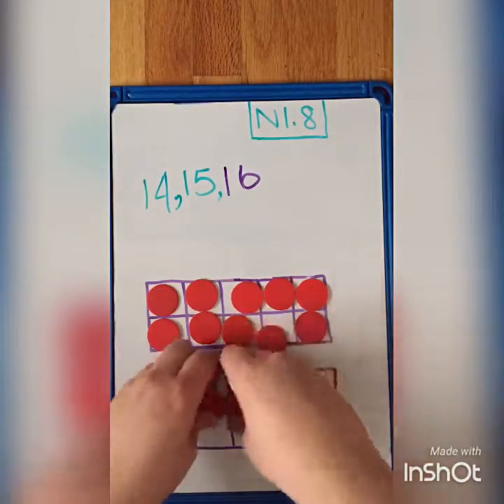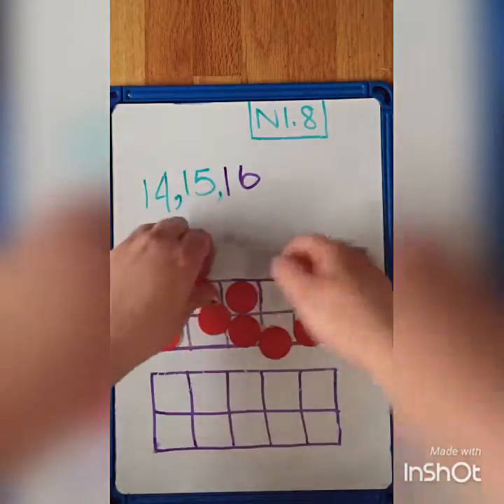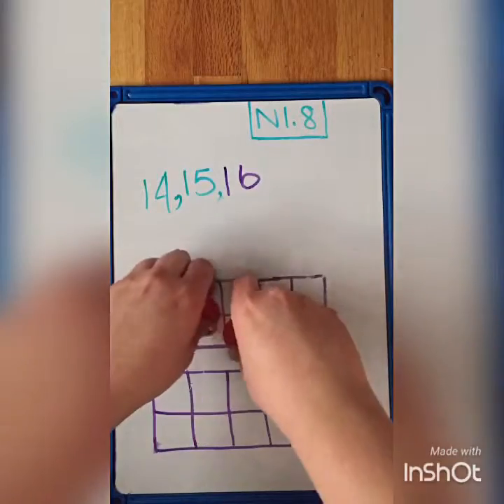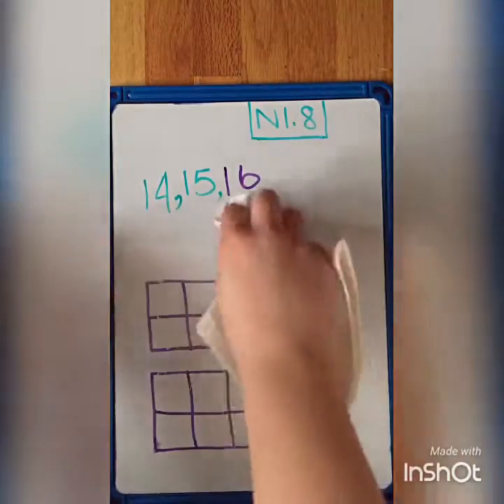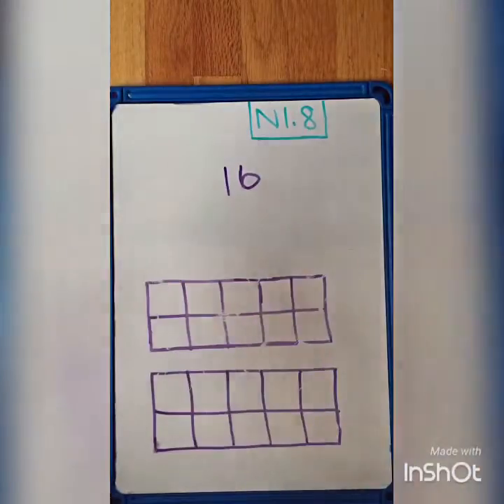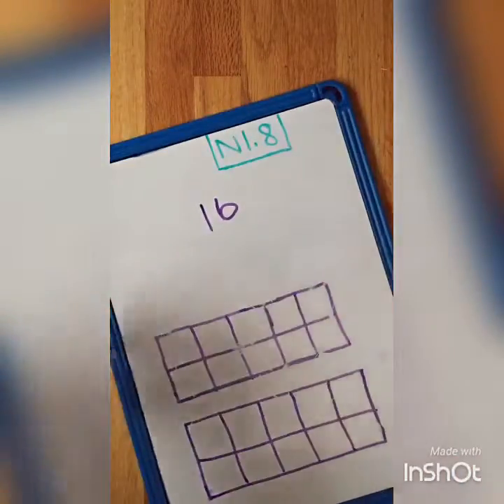So next we would do a number that was bigger than 16. So what number comes after 16 is a question that we would ask, and they would say 17.